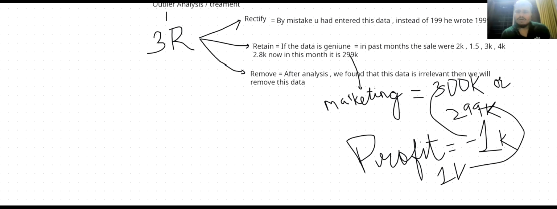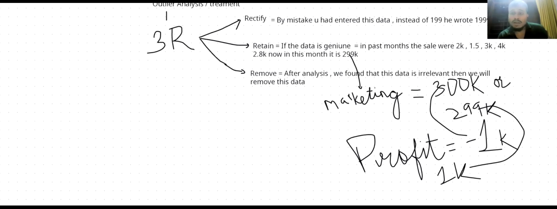So obviously, as a CEO, I will just fire my marketing department. Bro, what are you doing? You are making my company go into loss. You are spending 300K on marketing and you are claiming that you have got 299K sales.